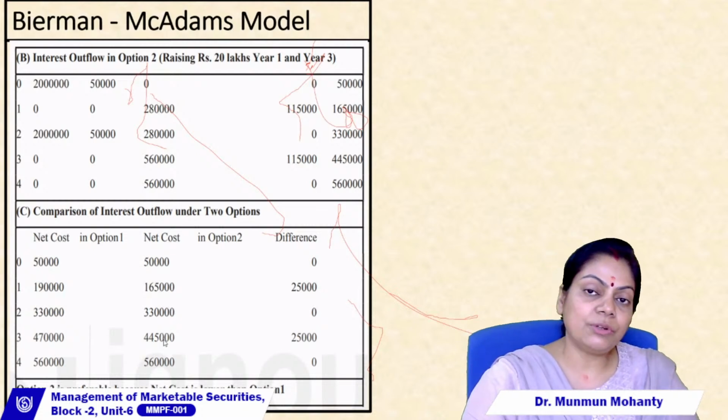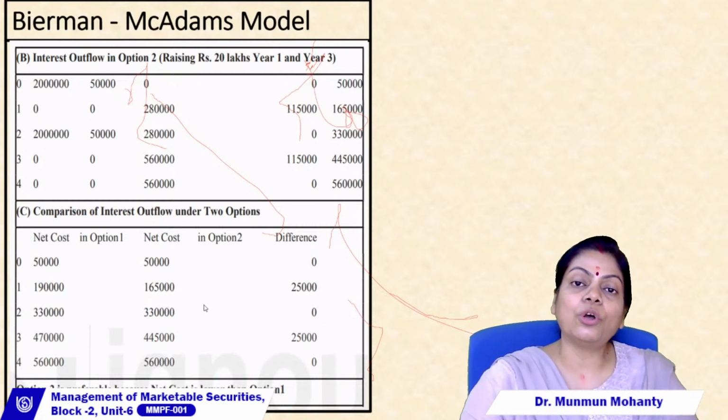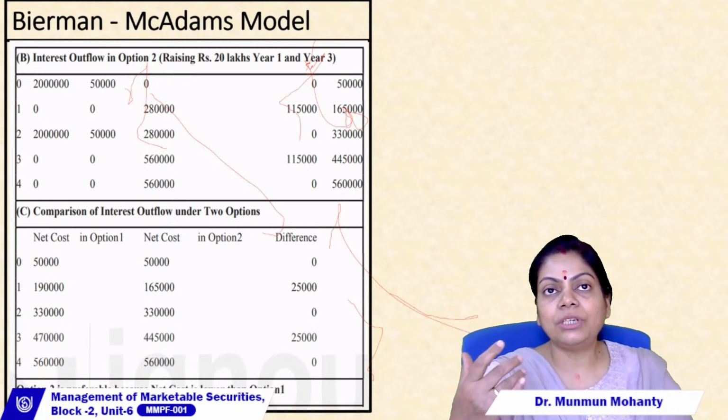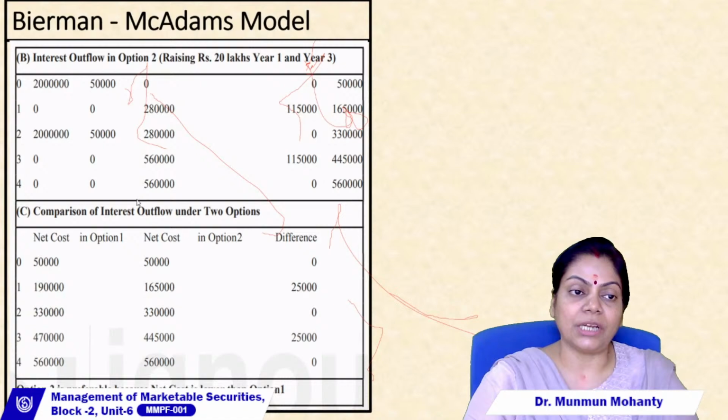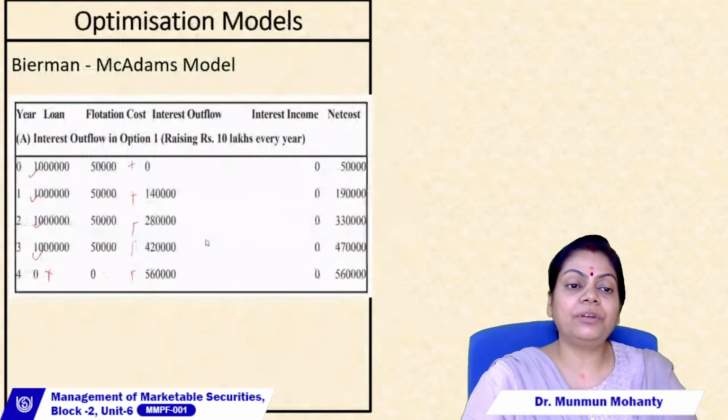So which is the choice you are going to make? Obviously you are going to go for option 2, that is 20 lakh in the beginning and another 20 lakh in 3 years' time. Okay, so now we'll revisit the formula, as I told you.